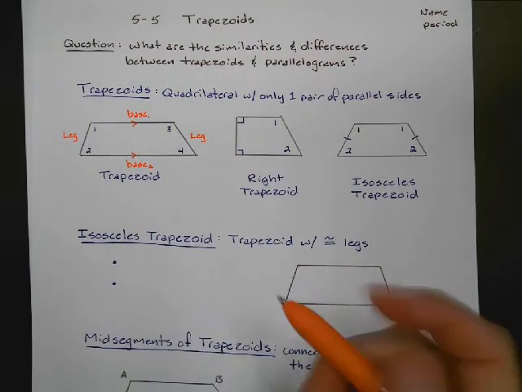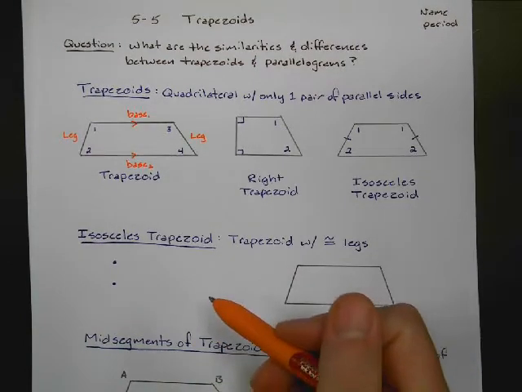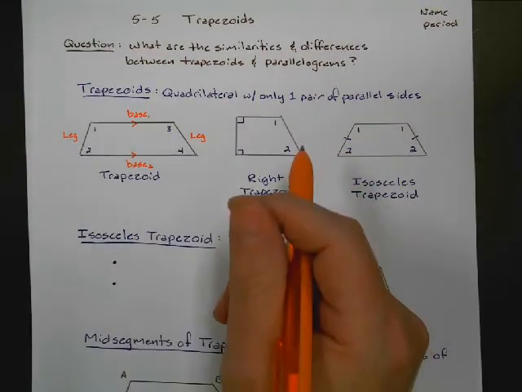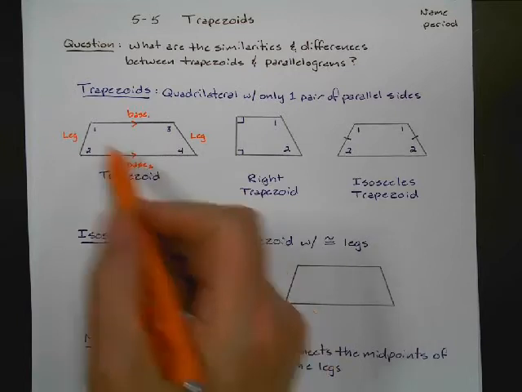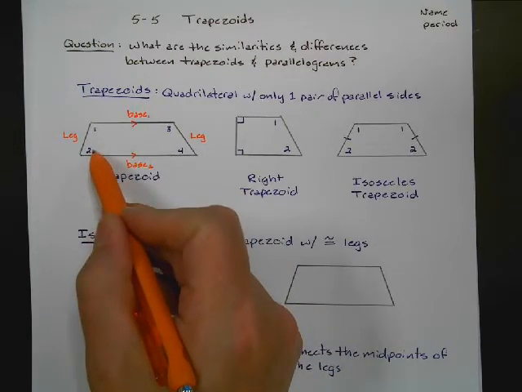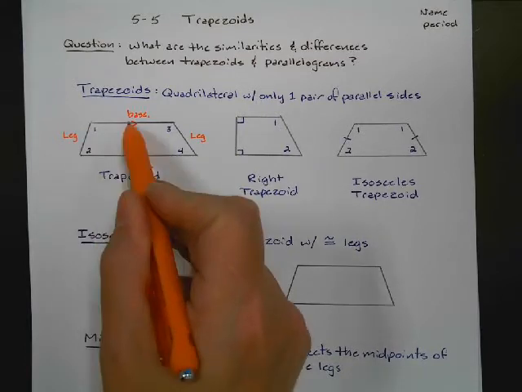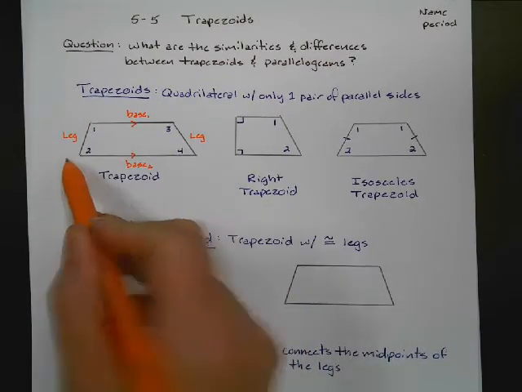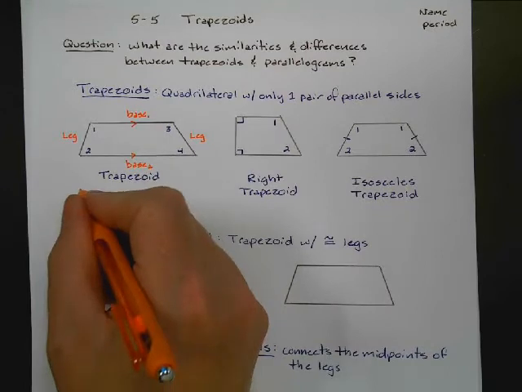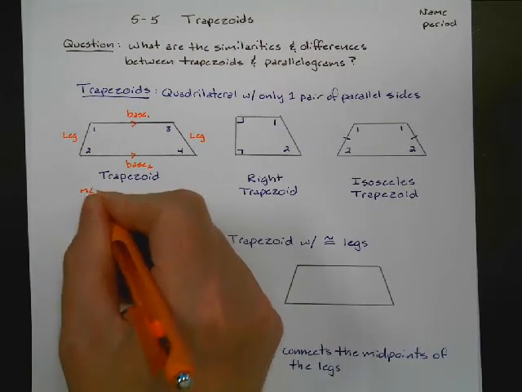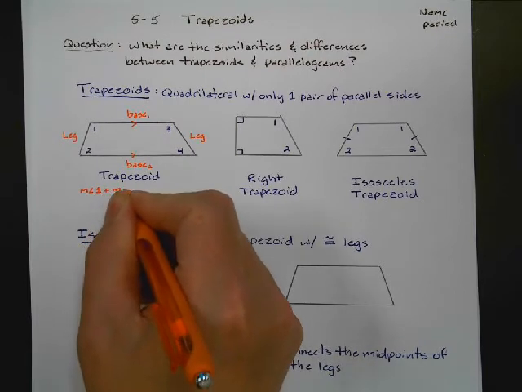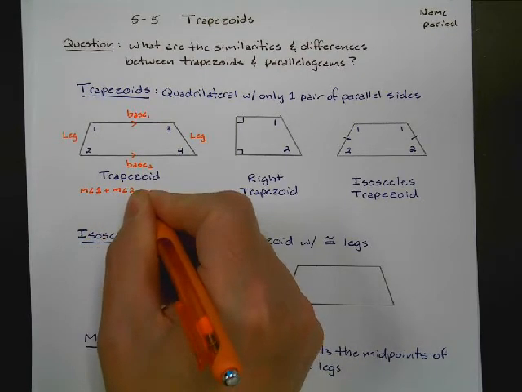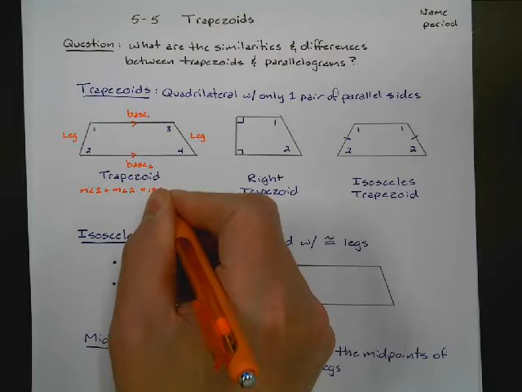All right, so when we've got a trapezoid, just any kind of trapezoid, because these are parallel, look at these two angles here. Those are same side interior angles because this would be a transversal and these would be parallel lines. So we could say that the measurement of angle 1 plus the measurement of angle 2 is equal to 180.